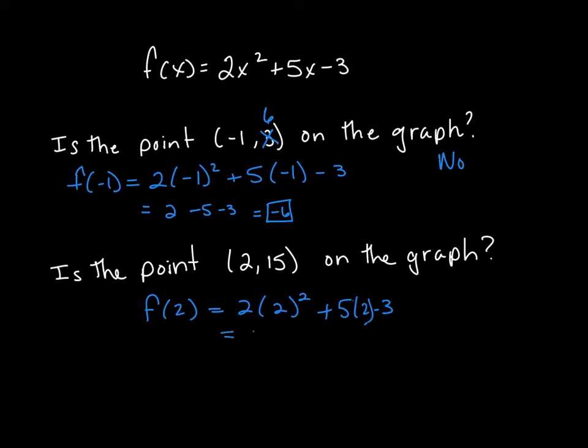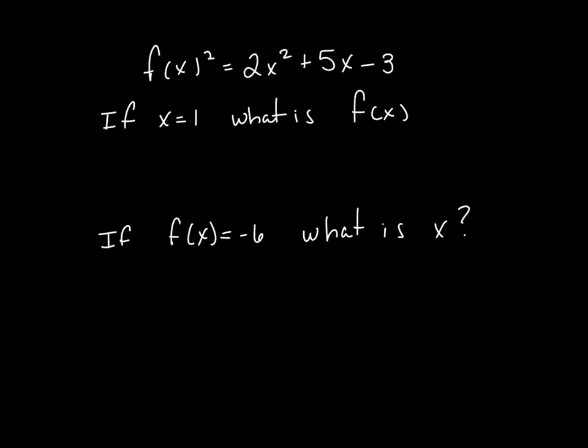Or 8 plus 10 minus 3. All of that is equal to 15. So that does match. So yes, this is on the graph and they are both solutions. In the next slide, I'm going to ask the same question, but I'm going to ask the question in reverse.